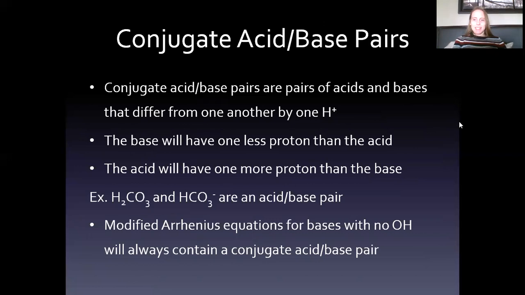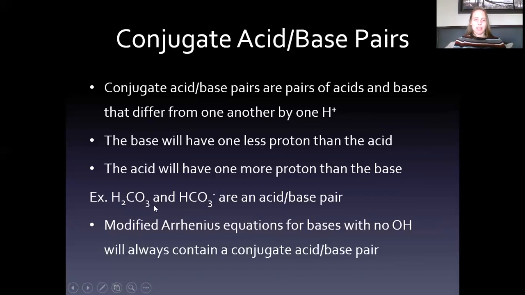Okay, conjugate acid-base pairs are pairs of acids and bases that only differ by one H plus, or one proton. So the base will have one less H plus than the acid, or an acid will have one more H plus than the base.